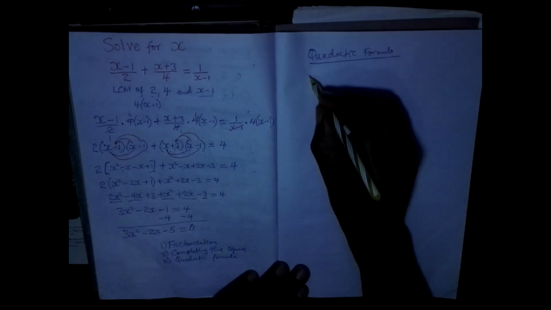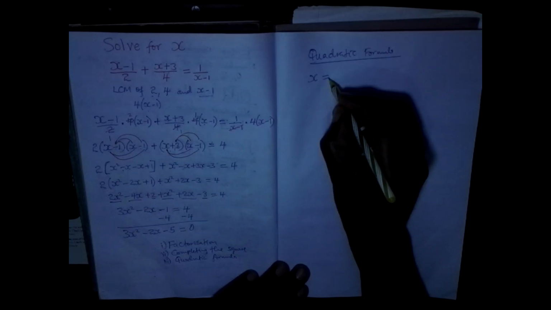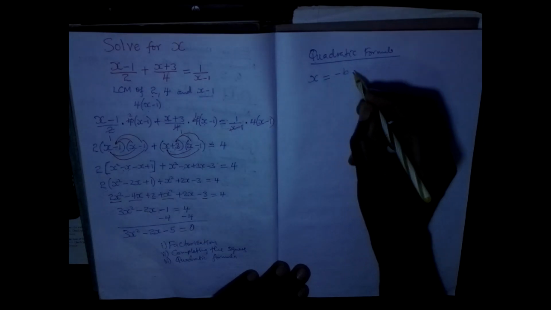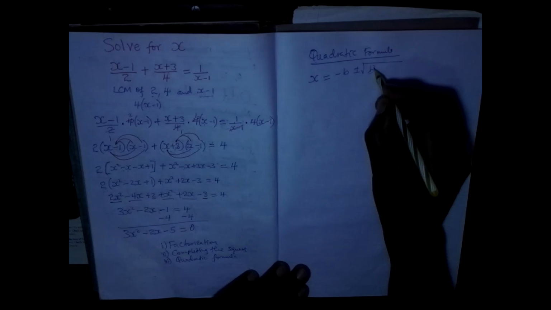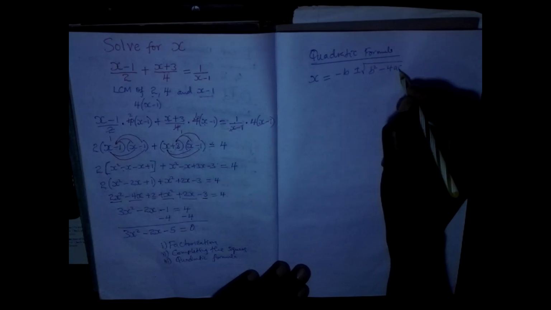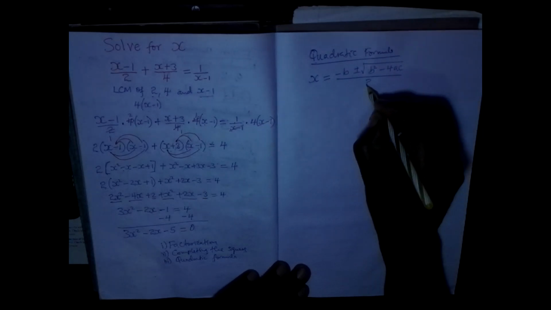whereby x is equal to minus b plus or minus square root of b squared minus 4ac all over 2a.